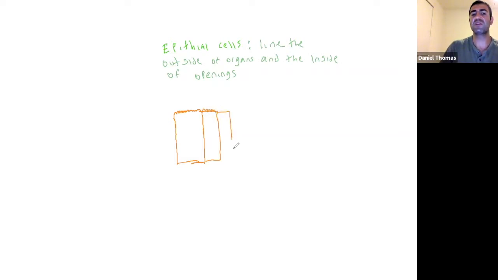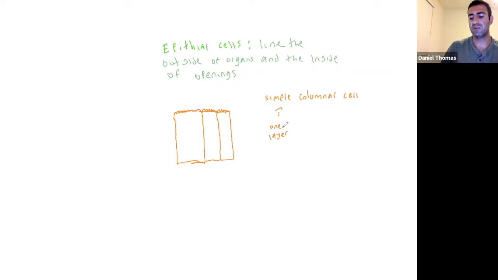So this is an example of an epithelial cell called a simple columnar cell. I'll just write that here. It doesn't really matter. We're just doing this as an example. So this is a simple columnar epithelial cell. Now, simple just means one layer.